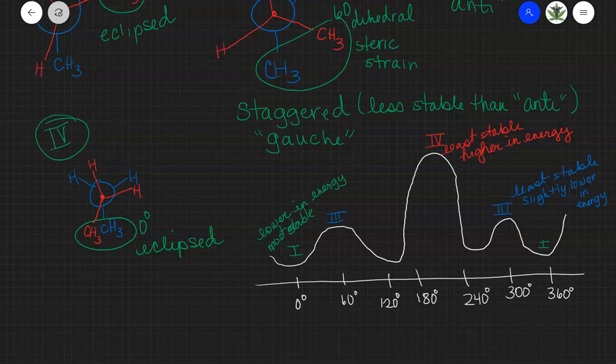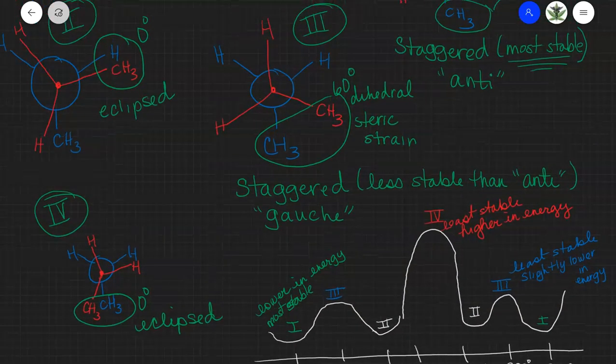And then lastly, we have structure 2. And let's kind of modify our graph to show that it's a little bit up compared to the staggered. And our structure 2 represents the eclipsed, that is labeled eclipse, that particular conformation.